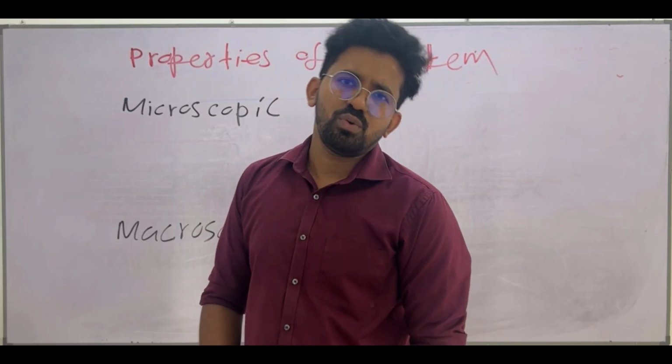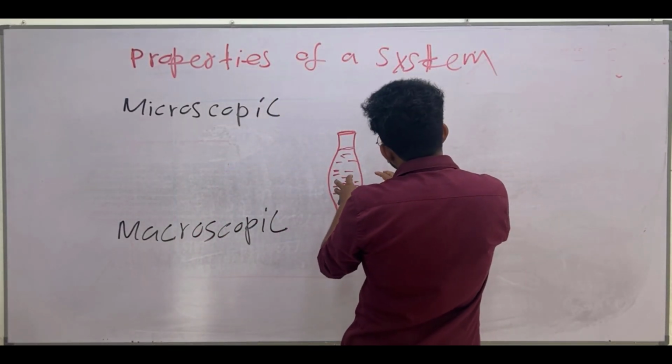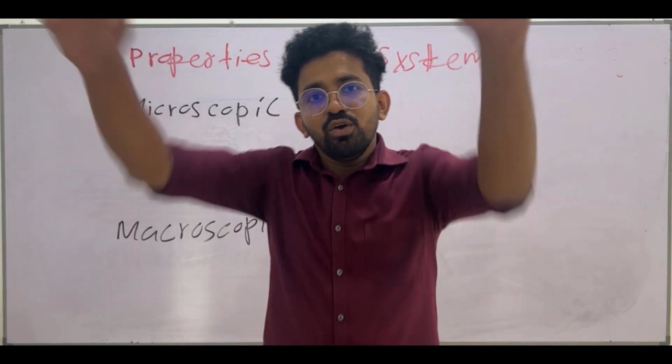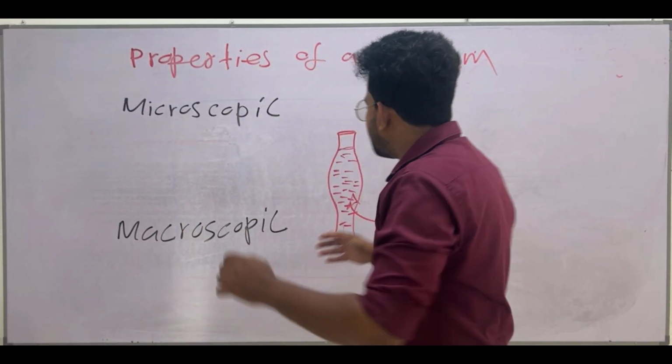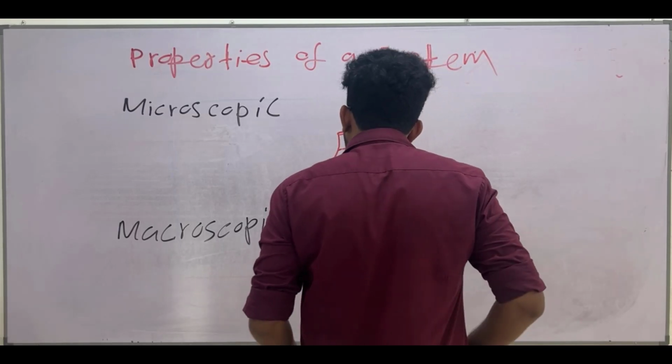What are the microscopic properties? By observing the system from the outside, we cannot tell the velocity of the molecules.